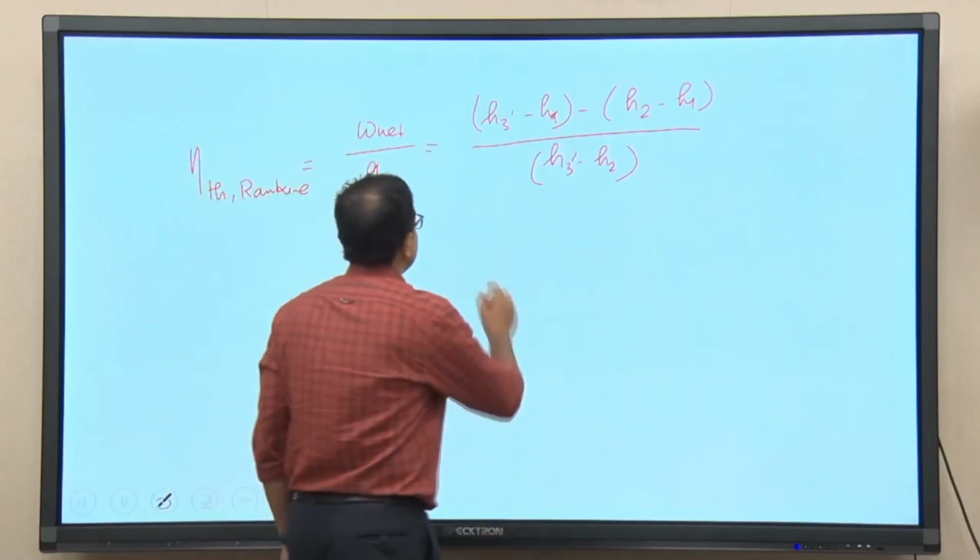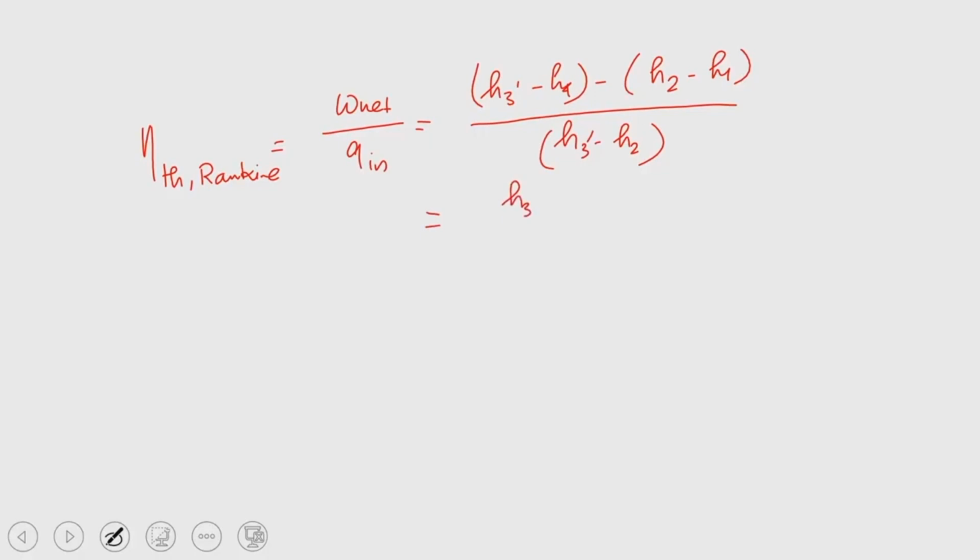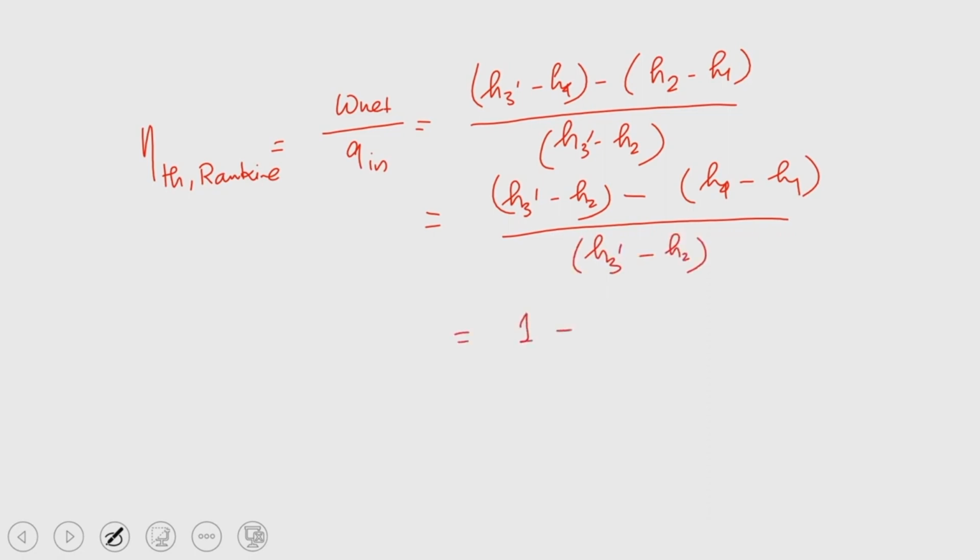So, we can write it as H 3 prime minus H 2 minus H 4 minus H 1, divided by H 3 prime minus H 2. So, it will be 1 minus H 4 minus H 1 divided by H 3 prime minus H 2.